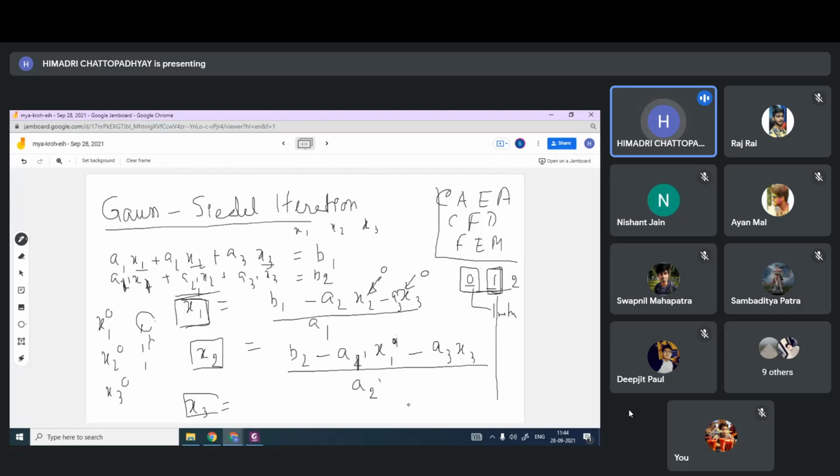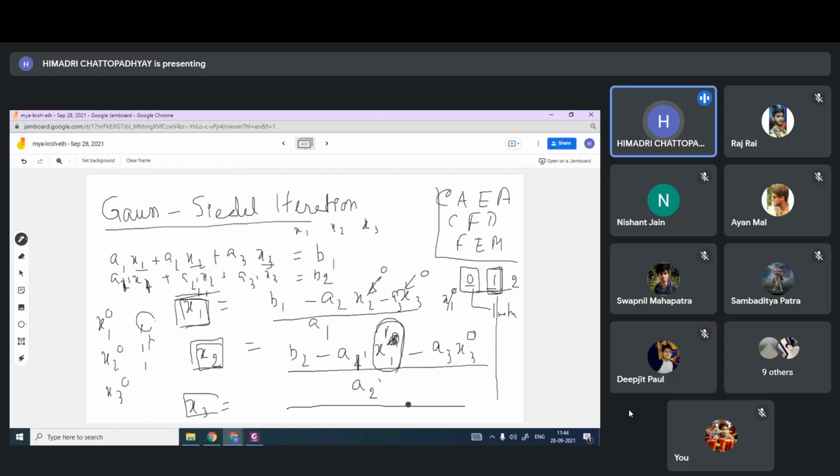When you solve x1, from x1 0 you have solved a new x1. Now when you go to x2, you already have solved for x1, a new value, so don't put the old value here, put the new value. For the one you don't know yet, it will be the old value. Then you obtain x2.